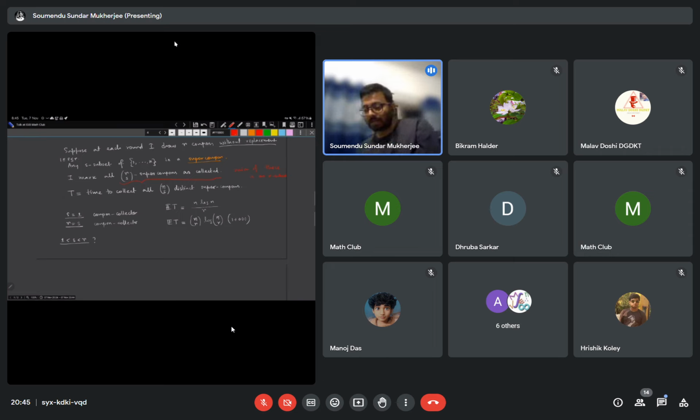Suppose I get rid of this constraint. Suppose at each round I just collect R choose S many arbitrary super coupons, without the constraint that their union is an R subset. Then what would be the answer?